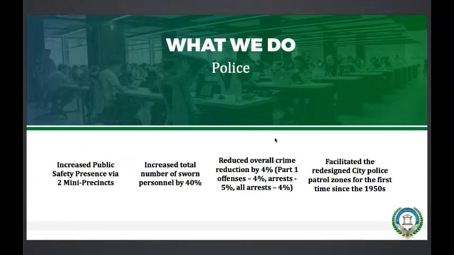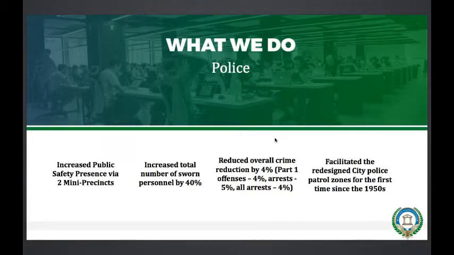Some of the key highlights for our police department during our short tenure: we were able to increase our public safety presence via 2 mini precincts. However, as Mr. Donald indicated, we are also in the process of launching our third mini precinct. So stay tuned for that information because we are very excited as we're nearing closure of that deal.